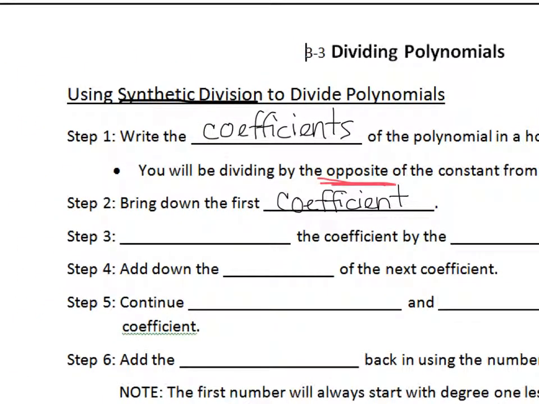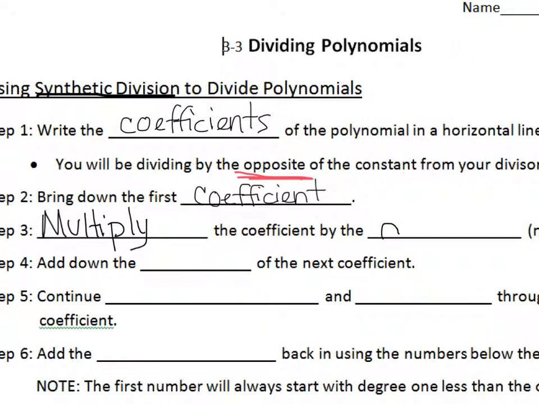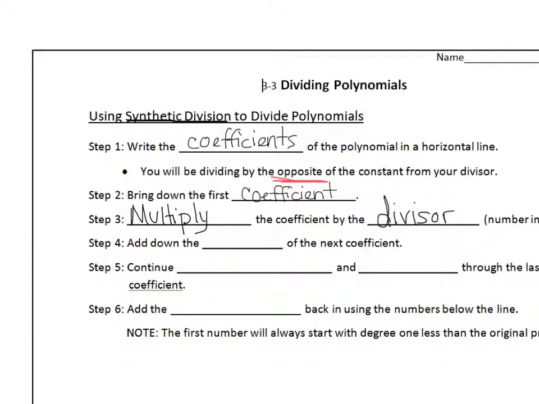And then you're going to multiply the coefficient by the divisor, which will be the number in the block, in the box. You then add down the column, and columns go straight down.